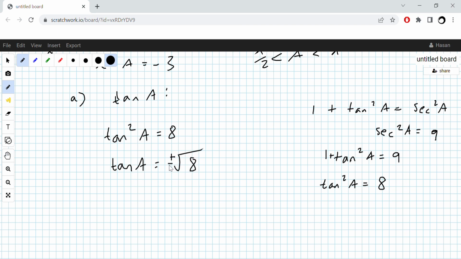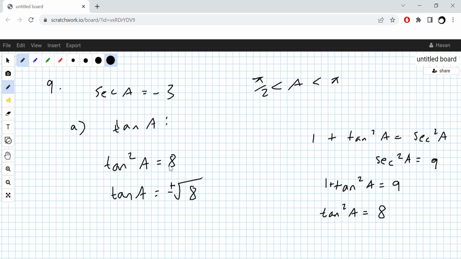The way we would figure out whether it's plus or minus is using this region they've given us, our CAST diagram. It's going to indicate what it is. Pi over 2 to pi is this region, and tan is negative in this region, as tan is only positive in the T and A region.